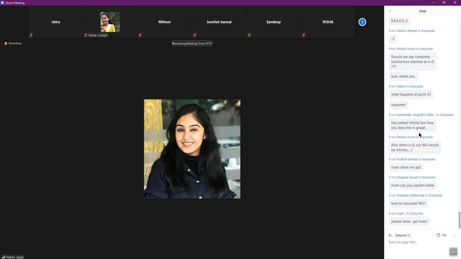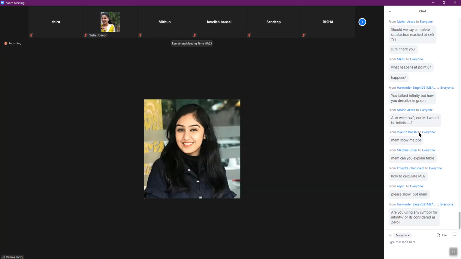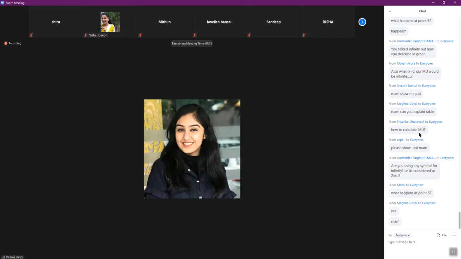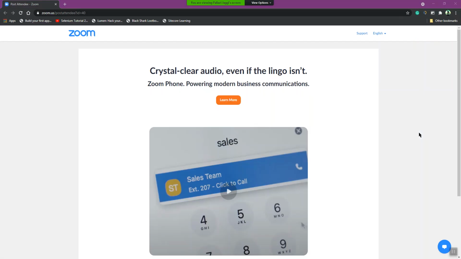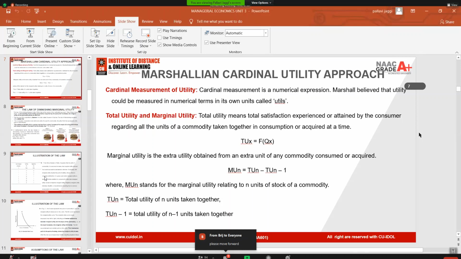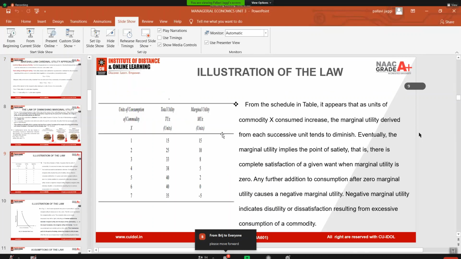Which table are you talking about? The law of diminishing. See, this is a table of illustration of the law.